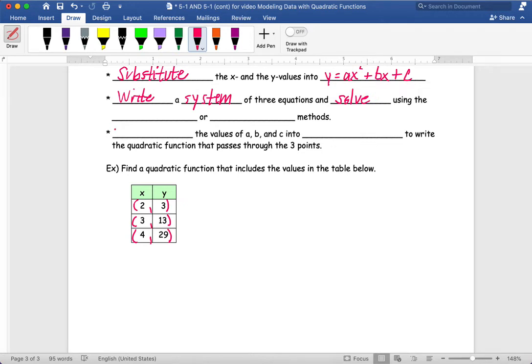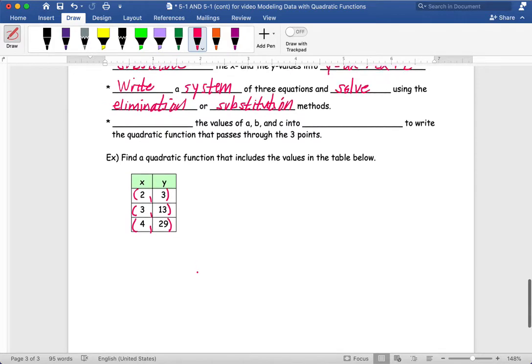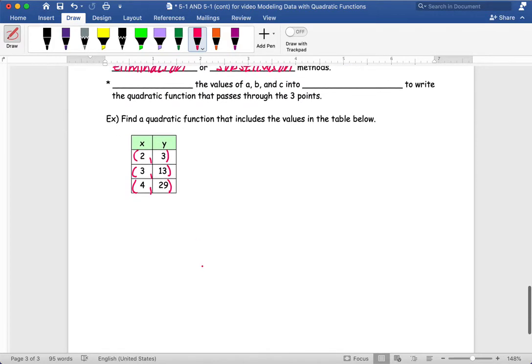And you solve that system using the elimination or the substitution methods. You don't have to do both, just one. Okay? I'm going to write a system and solve using elimination or substitution.